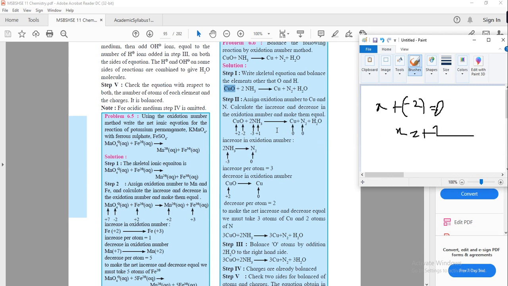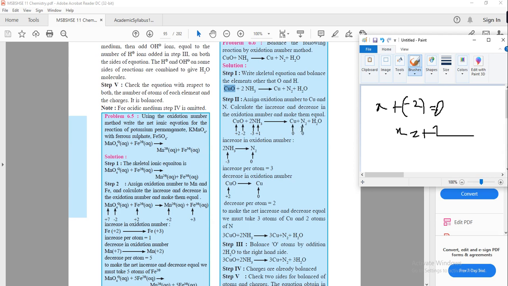Understood? So the oxidation state of Cu is +2. For NH3, hydrogen is +1, so nitrogen is -3. Cu and N2 are neutral elements, so their oxidation state is 0.